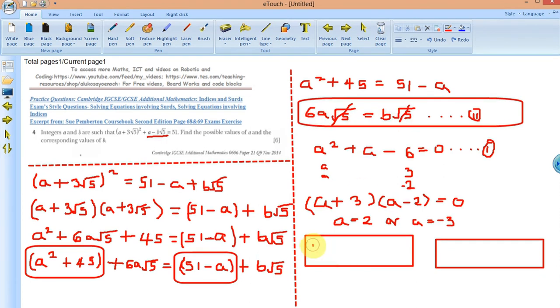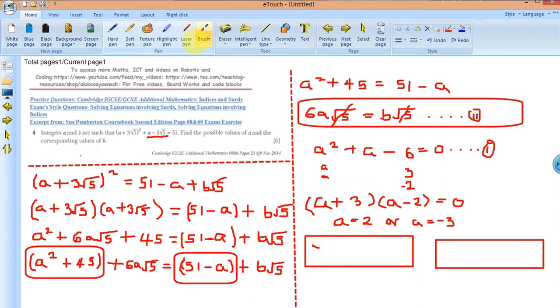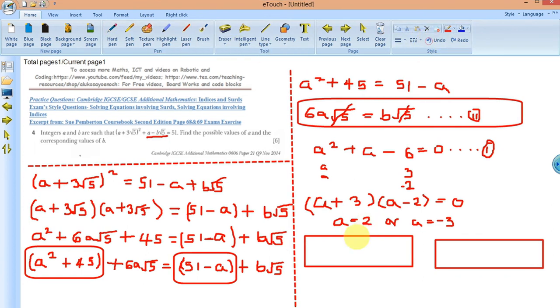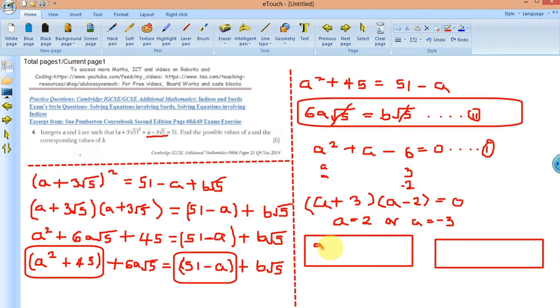So when a equals 2, then b equals 6a. From here, b equals 6 times 2. That implies b equals 12.